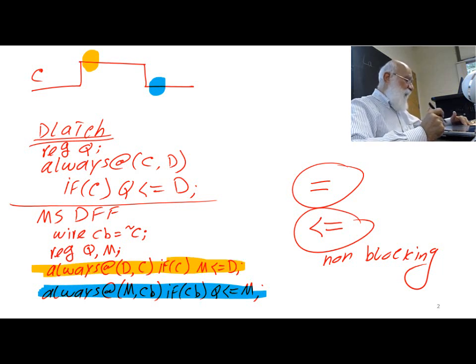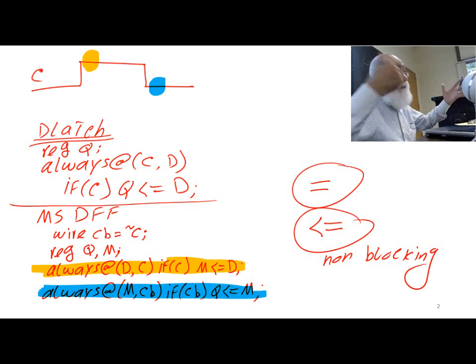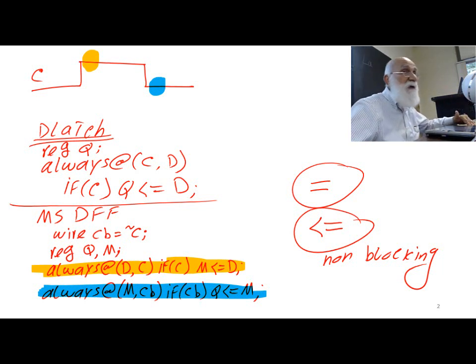So together this is the master slave D flip-flop, but there are other better ways of describing it, which I will do later on. So we are done with basically explaining all of this, and let's see if there is anything else to be said, and for now we are fine.